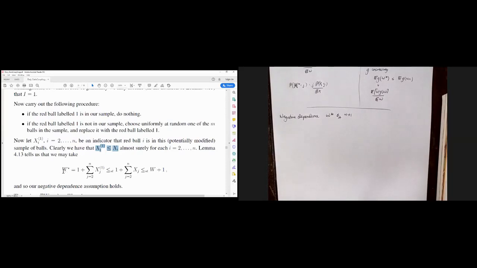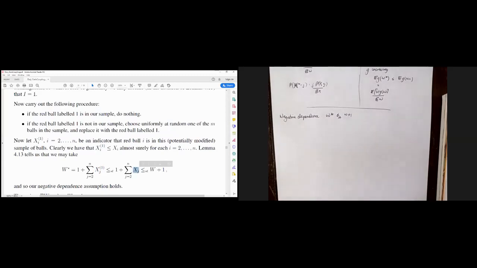And so the lemma above tells me that my size biased version looks like the size bias indicator that the first one was there, plus the indicators that all the other n-1 red balls were there, conditional on the fact that I picked the first one. But because I might have got rid of any of the red balls, these indicators are almost surely less than the indicators without this conditioning.